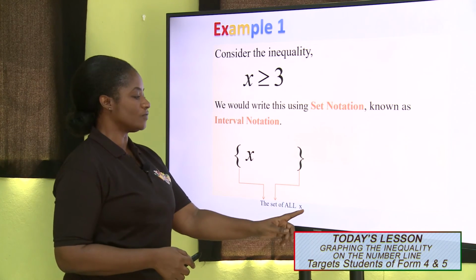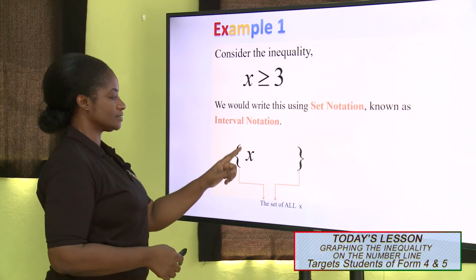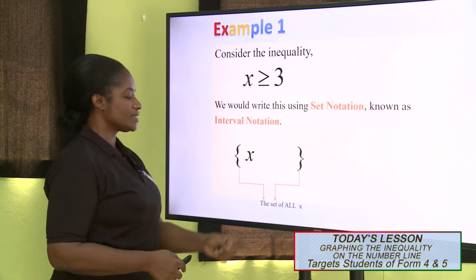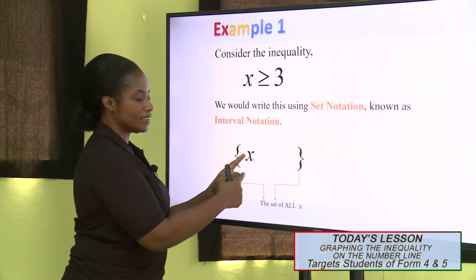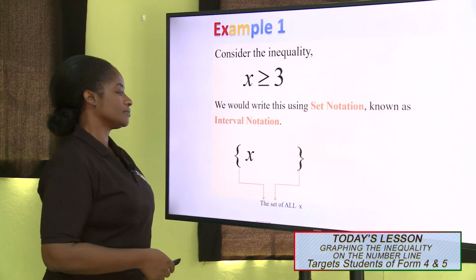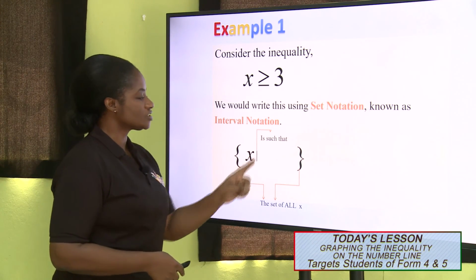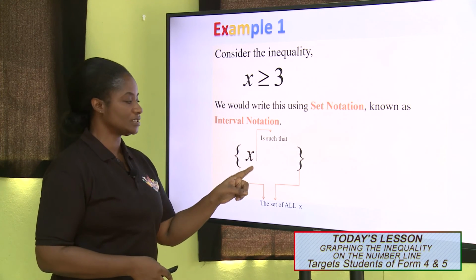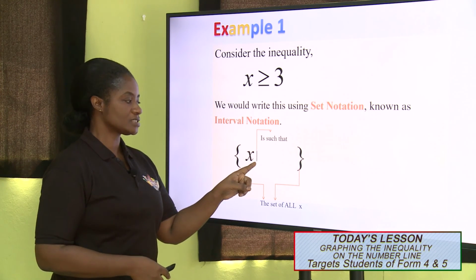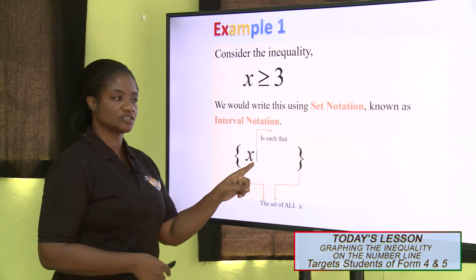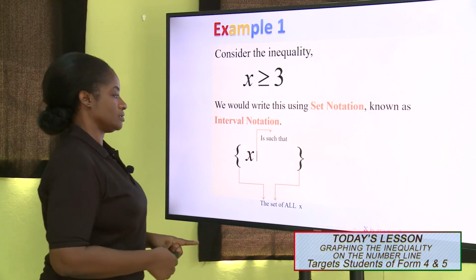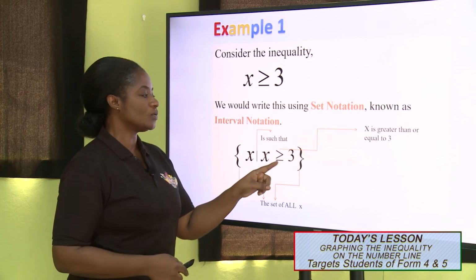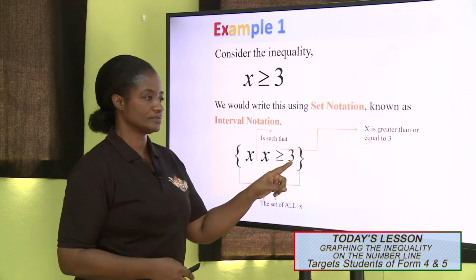The set of all x, notice that I have used curly brace, which denotes the set of all x, is such that, so the vertical bar that you see here represents the words "is such that", x is greater than or equal to 3.